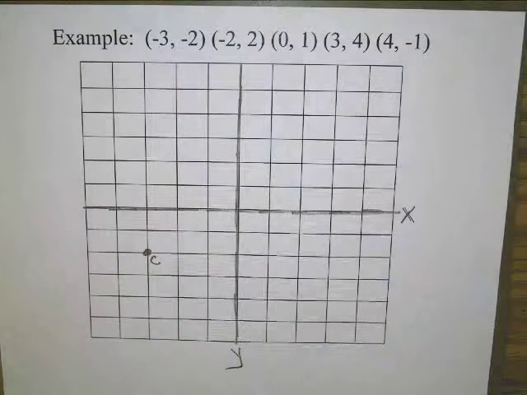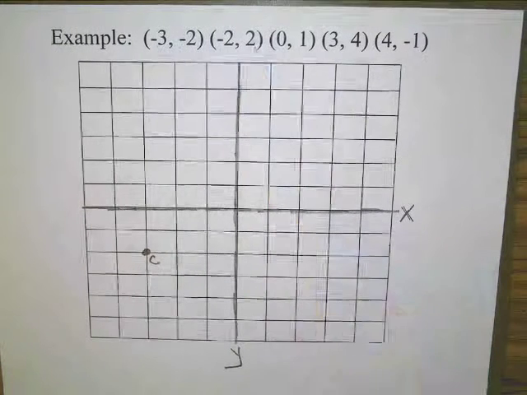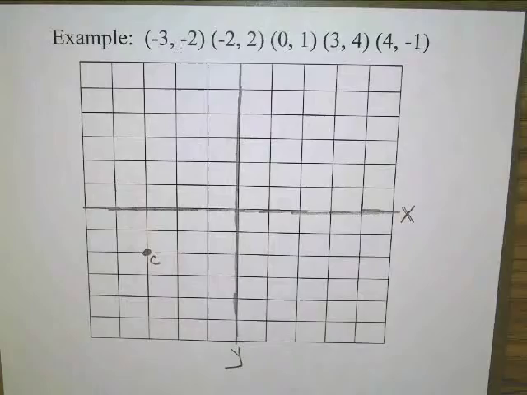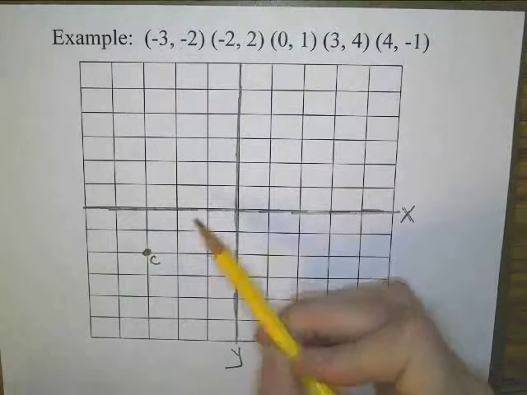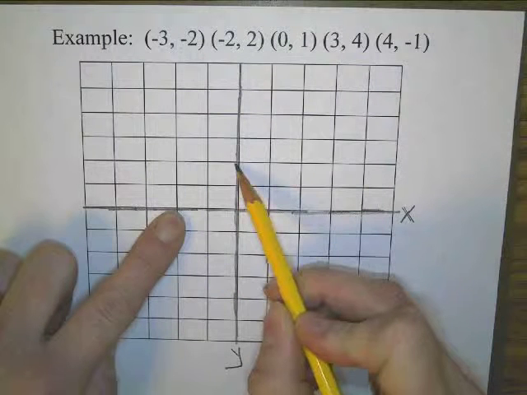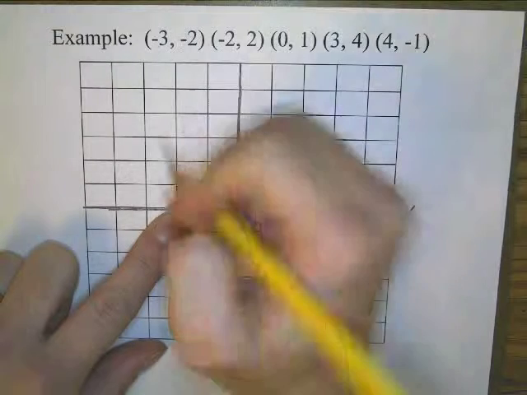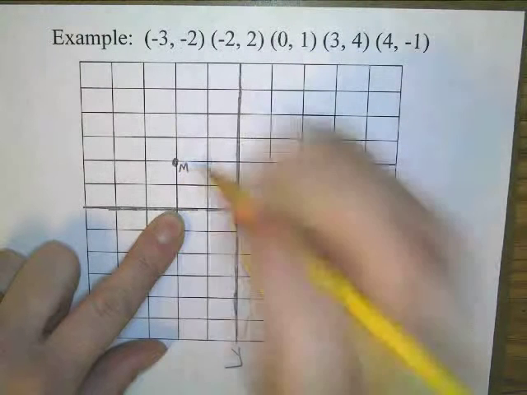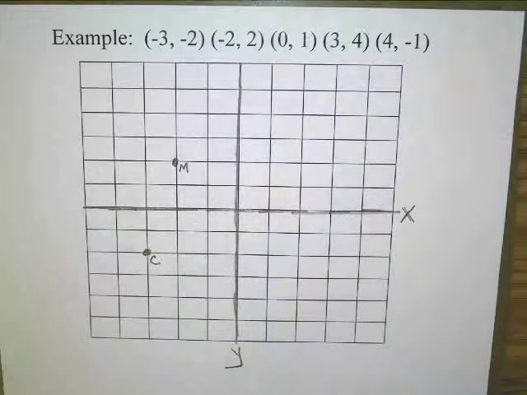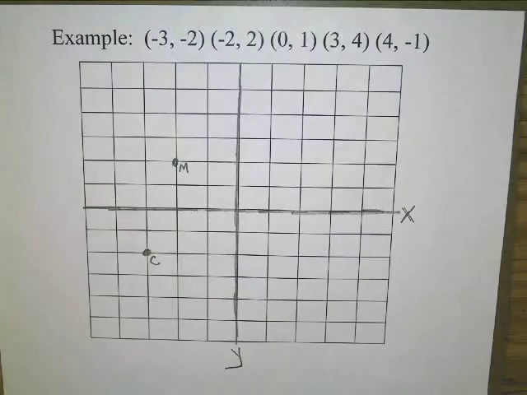Max, can you show us where -2 and 2 is? Perfect. There's -2, there's 2, we draw them together, and we get M for Max. Kayla, 0 and 1.